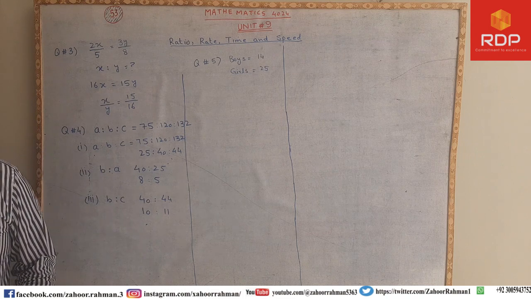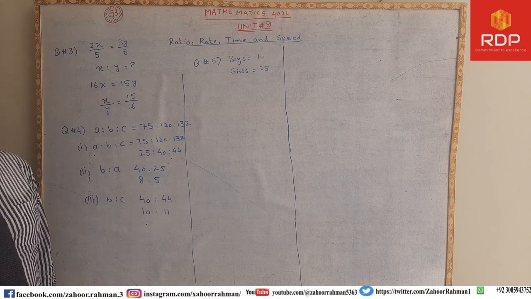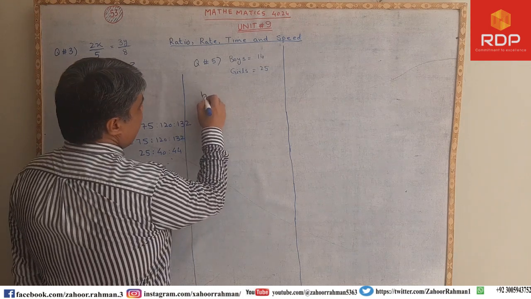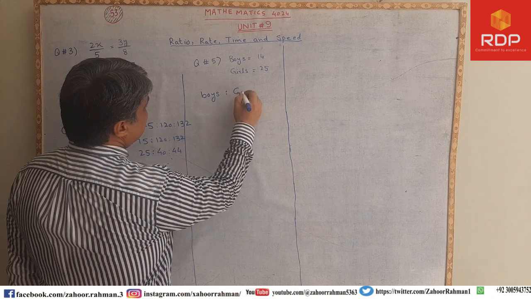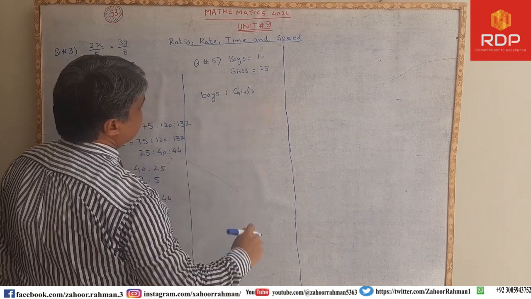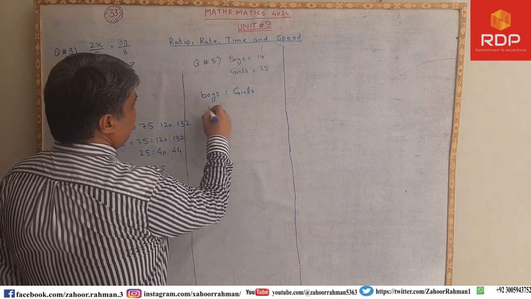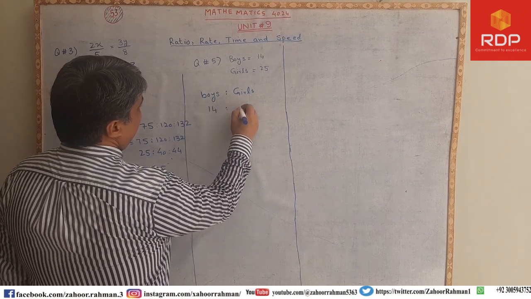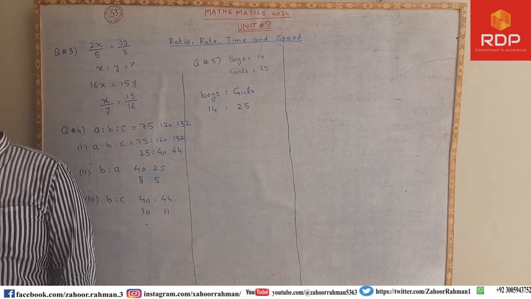Find the ratio of the number of boys to the number of girls. So, boys ratio girls. Boys are 14 and girls are 25.